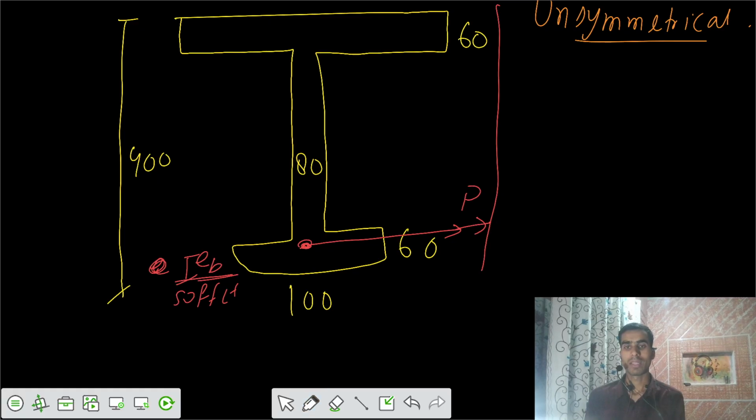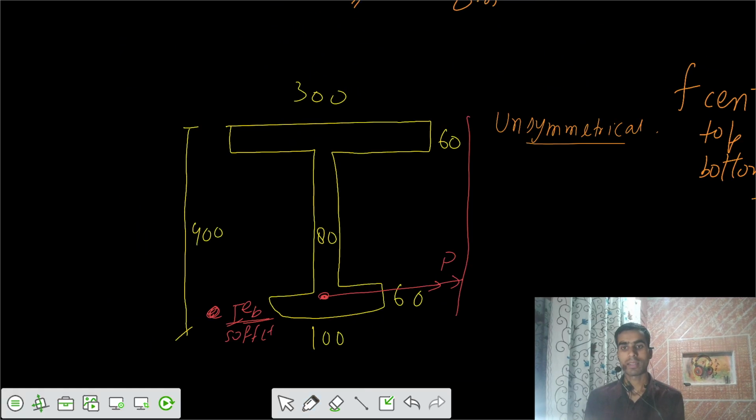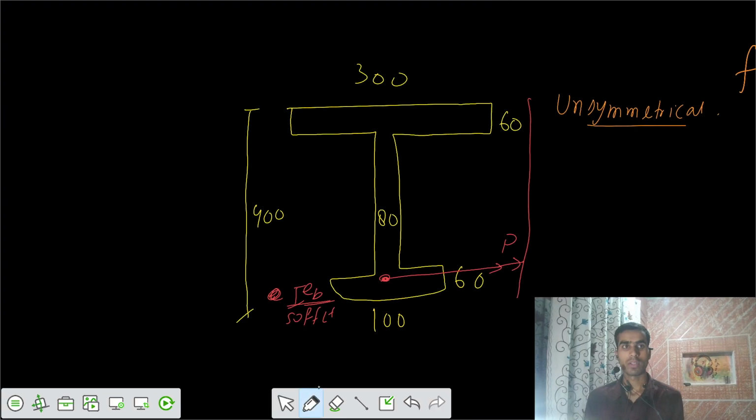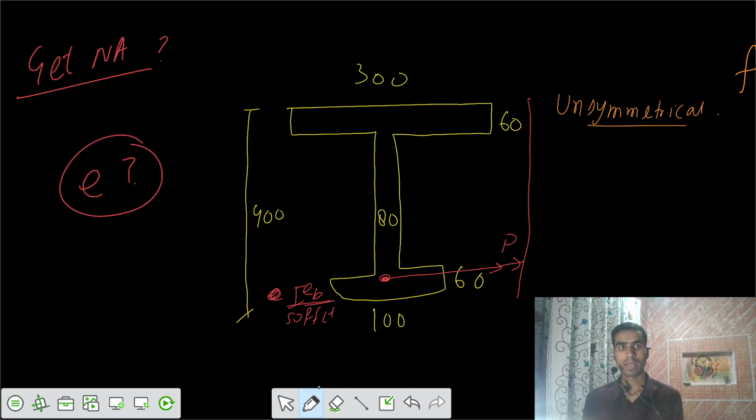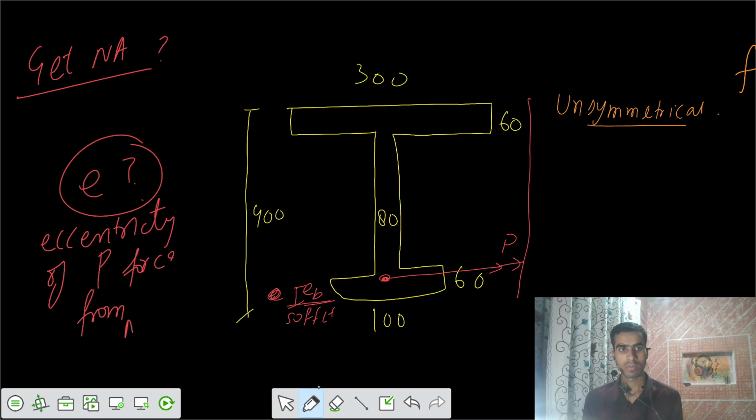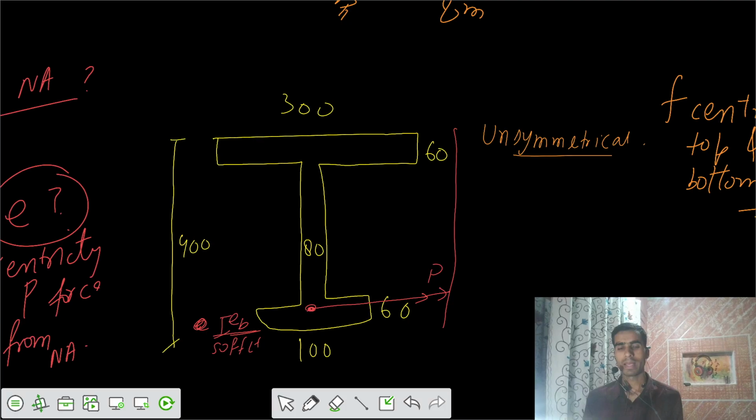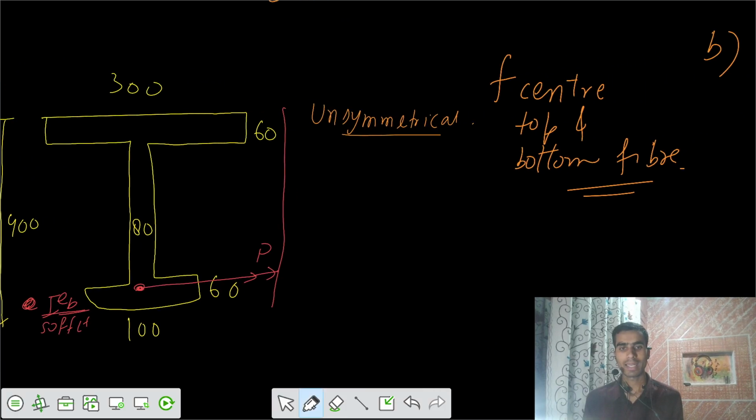So I need to calculate the neutral axis for this unsymmetrical I section, and after that I can say what is the value of e, the eccentricity of the P force from the neutral axis. So we need to calculate the centroid of that section.